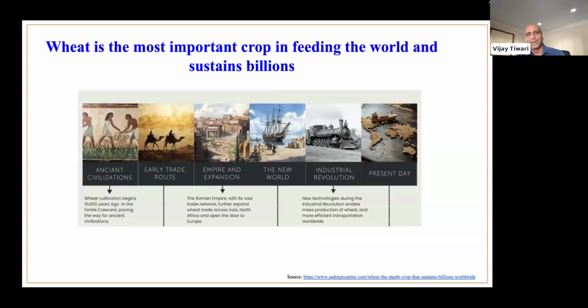I know this is a wheat consortium, and a lot of people are wheat users, involved in wheat genetics or genomics in a way. But still, it's a good reminder to the audience that wheat is one of the most important crops in feeding the world, and it has sustained billions right from the inception of bread wheat as a crop.